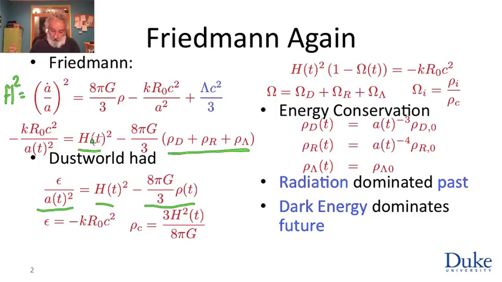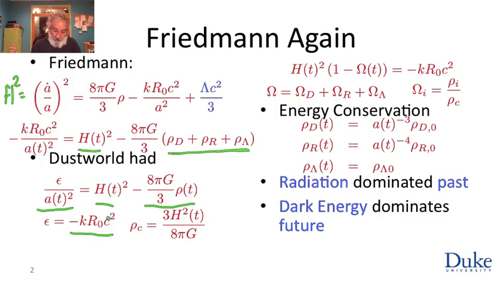The only question is that when we solved the equation, the solution we found had to do with the fact that we knew the a dependence of rho. We'll come back to that in a second. At the moment, the equations are formally identical if you identify epsilon with this number, minus k r0 c squared, where remember r0 is the curvature of the universe at the present moment.